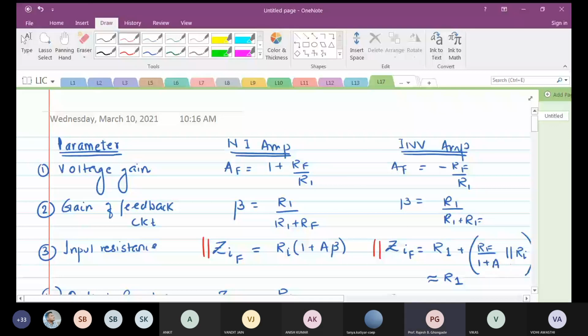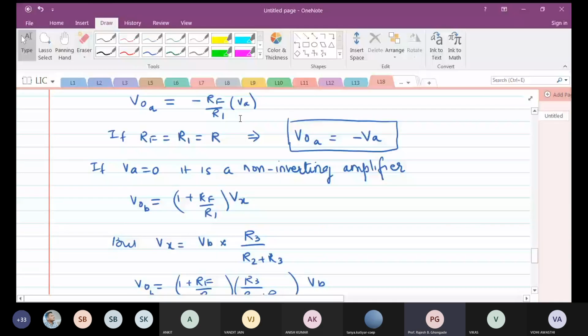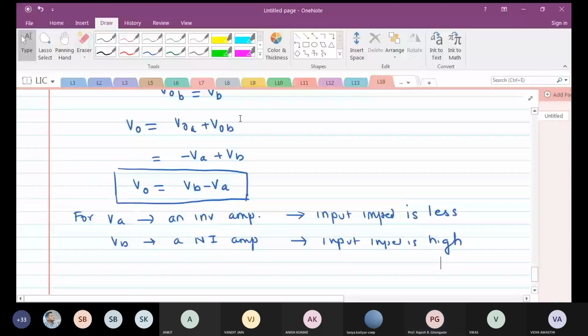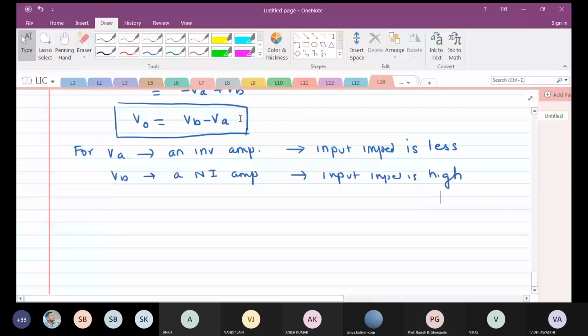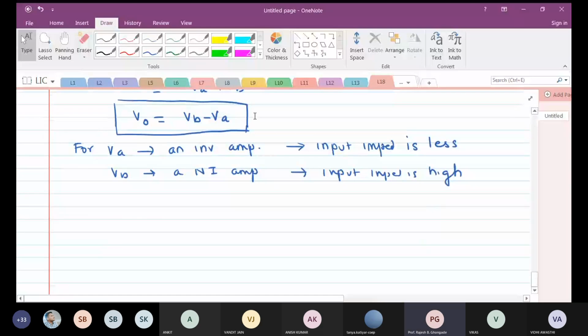And for inverting, it is limited by R1. So the gist of the story is that even though this difference amplifier looks deceptively simple, it is not a good choice. Why? Because both the inputs will see different kinds of input impedances. Yes, sir. This is, let us say, a critical situation.